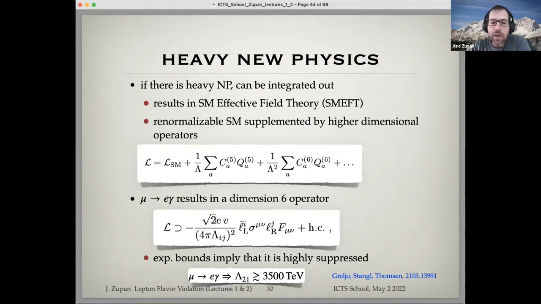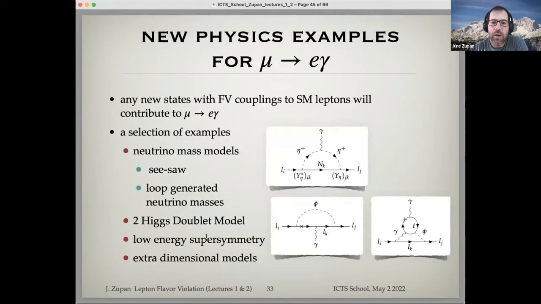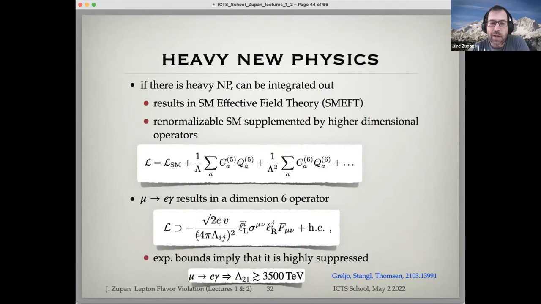What's in front is a loop factor, because this will be a result of a loop. If we have new physics running in the loop, there will be 1 over 16 pi squared. So this lambda ij sitting in here is the expected new physics scale.